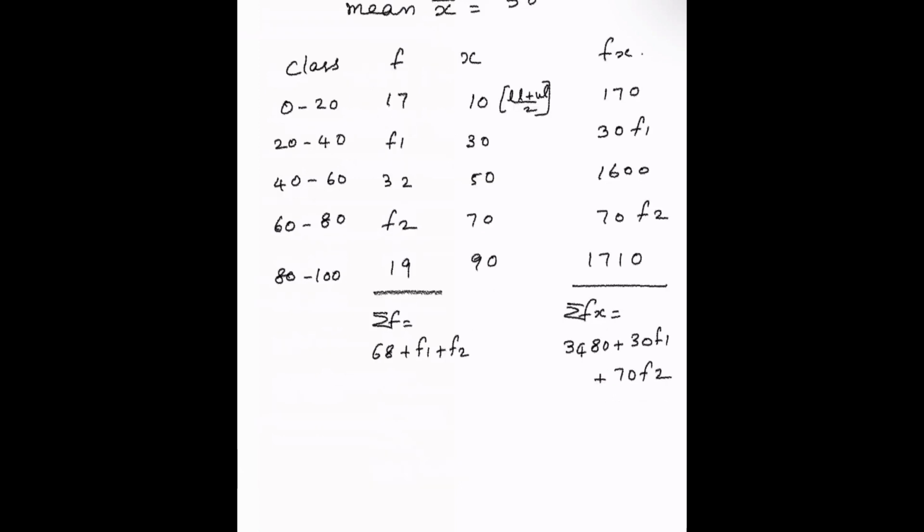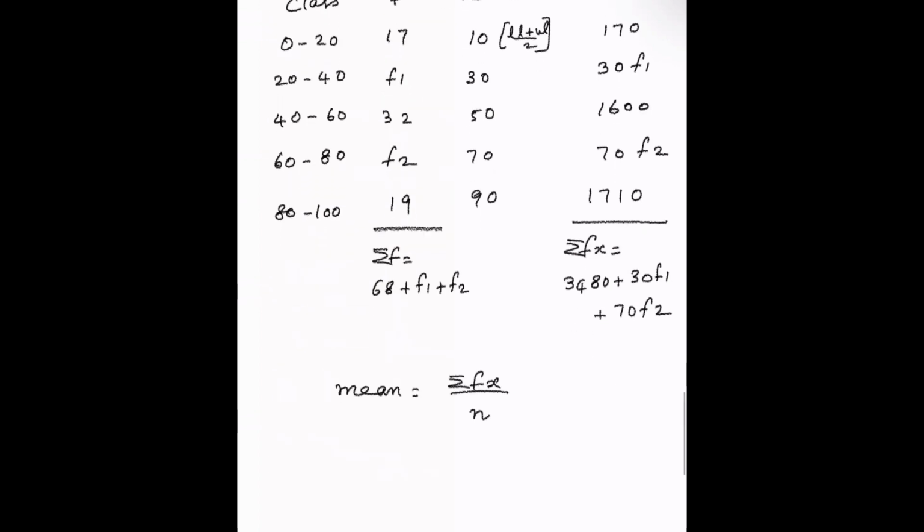Mean is known to us, right? What is mean? Mean is sigma fx divided by n, or sigma f. I think you're more familiar with that, sigma f, which would be, what was the mean given to us? Mean was 50. 50 equals 3480 plus 30 f1 plus 70 f2 divided by 120.